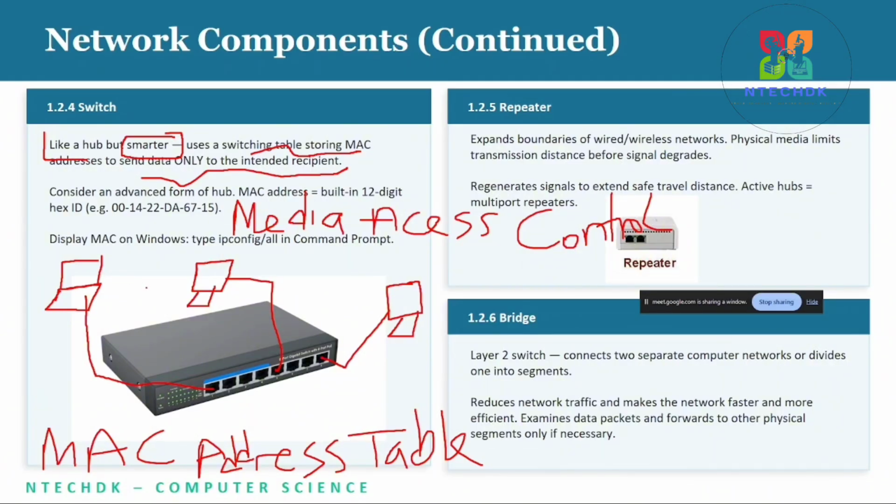But now, instead of the switch behaving like a hub, let's say this is A, this is B, and this is C. If A sends data to a hub, the hub receives it through this port and forwards it to all other ports.